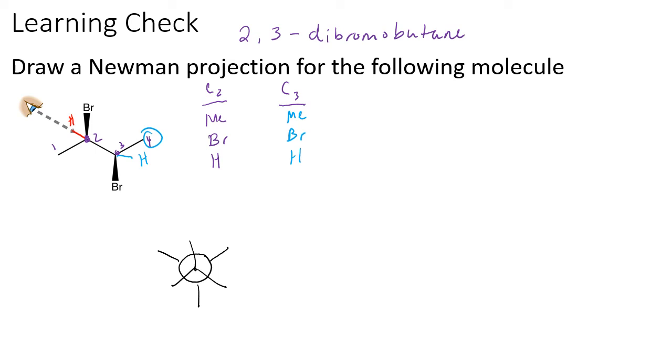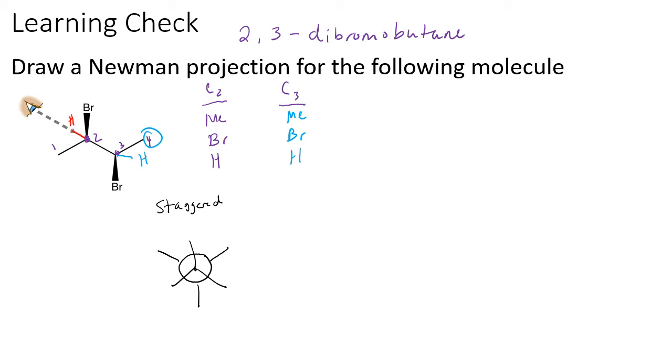So this would be a kind of a layout that you would draw for your staggered conformation. Now, when we do our staggered conformation, the one we care about the most is the most stable, lowest energy one. So in order for us to draw that one, we want to think about how we're going to orient the 3 things on the front and the 3 things on the back.